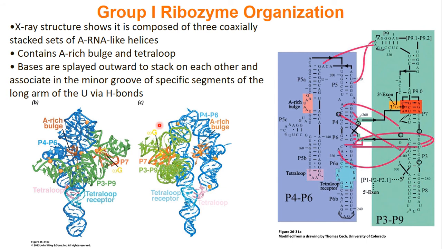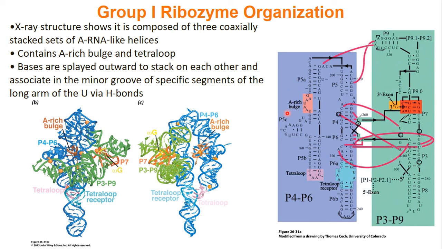Now, if we focus on the X-ray structure a little more, we'll see that it has 3 stacks of A-RNA-like helices. So A-RNA is a helix that seems to be kind of flat. You can kind of see that a little bit in the green there. It's really hard to see in these images, but it's like a helix that's been squished on itself.